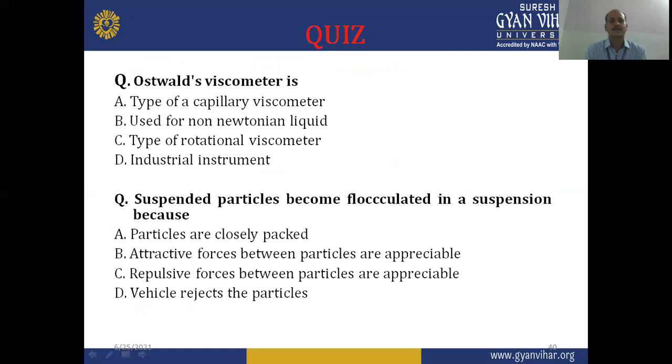You have to take the correct option for this question. The next question is: suspended particles become flocculated in a suspension because A option is particles are closely packed, B is attractive forces between particles are appreciable, C is repulsive forces between particles are appreciable, D is vehicle rigidity.